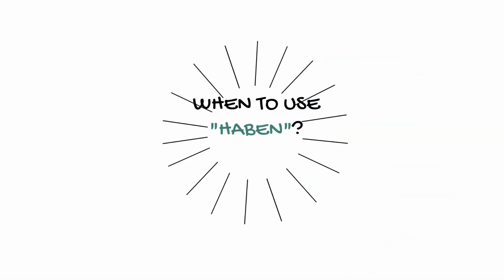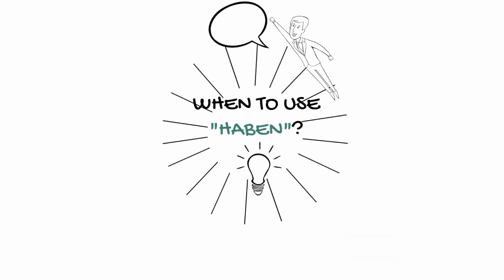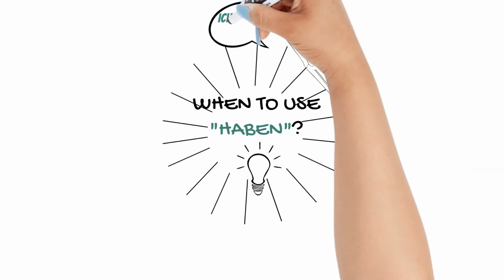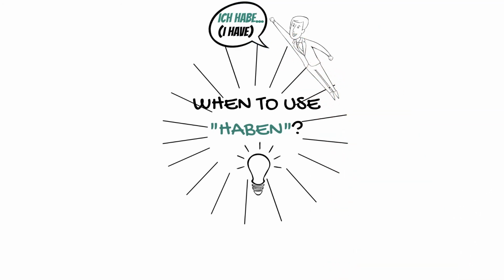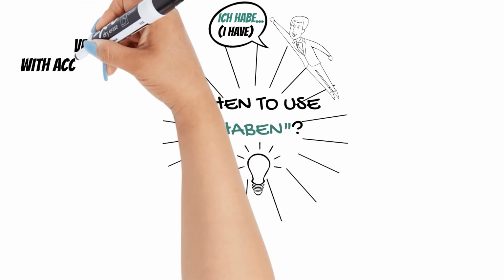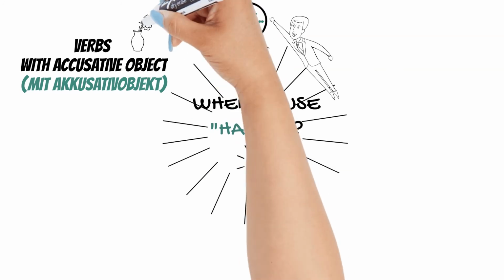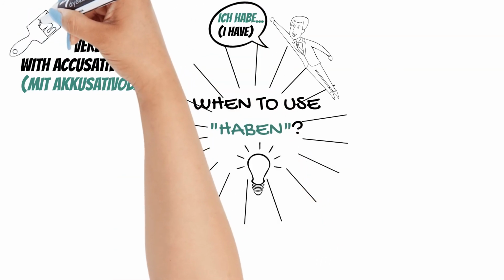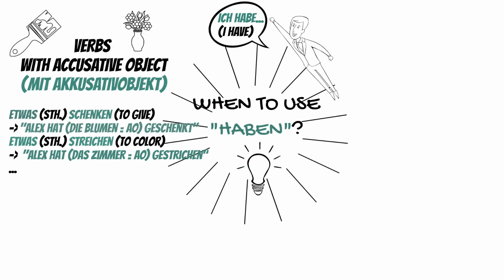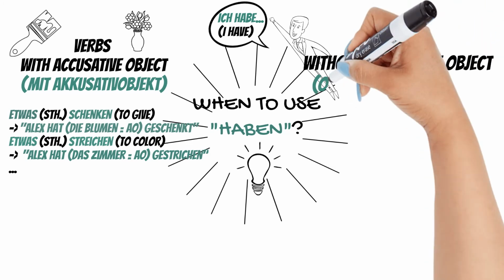So let's switch to haben, when to use in perfect tense. Or when does Alex say ich habe in perfect? You need it when verbs are with accusative object. You know it already. Mit Akkusativobjekt. For example, etwas schenken. Something to give.